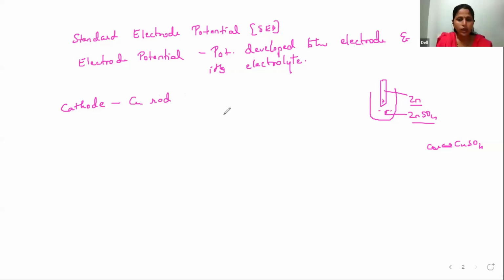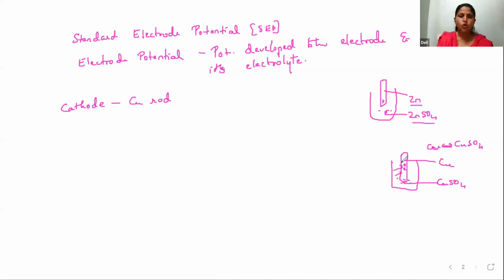Cu plus 2 ions from the CuSO4 solution surrounding the rod take electrons and form Cu, which gets deposited on the copper rod.